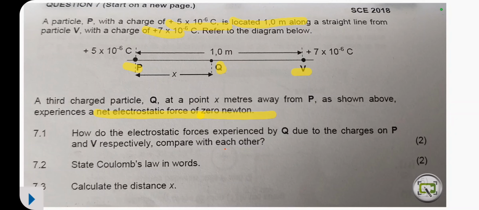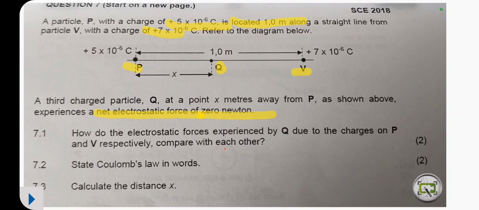Let's look at 7.3. Calculate the distance x. We've already seen that the net electrostatic force on Q is 0. Therefore, we know we're going to use the force equation.